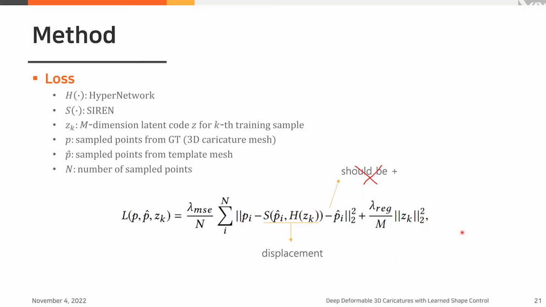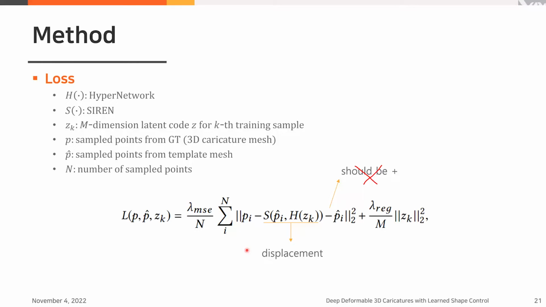It's a template vertex position, so it does not change. It's a given input, and this is the parameter. By using this parameter and the given input, you have an output of a displacement, and you add this displacement to the input vertex position to have a deformed shape. And you subtract between the ground truth vertex position and the generated vertex position. And yeah.